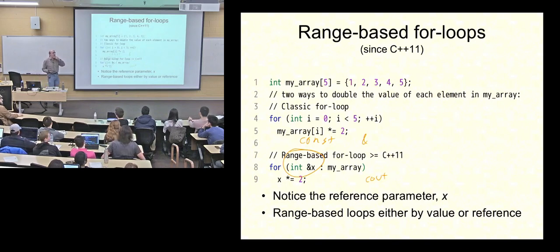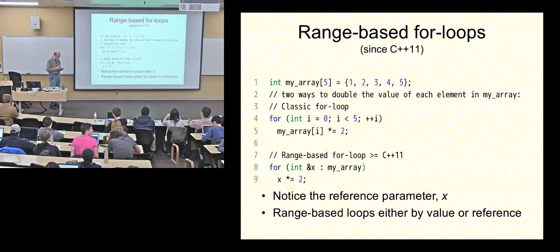Yeah? Can you explain again what happens when you do the second one without an ampersand? Okay, so if I get rid of that ampersand and I do the multiplication, think of this like a function parameter.